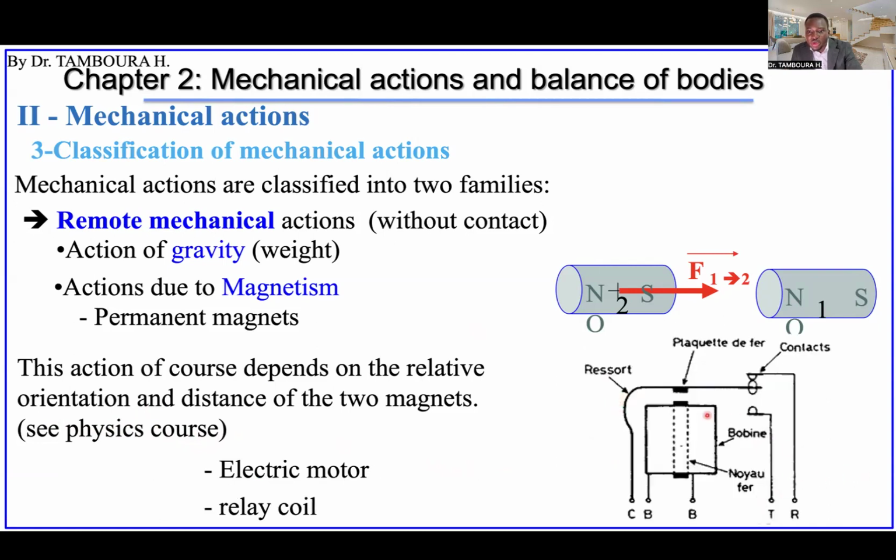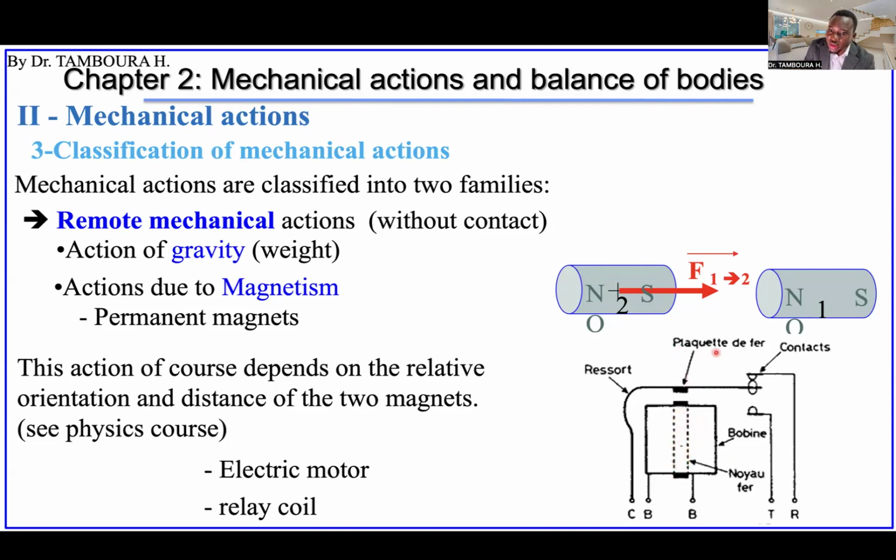The bobbin, I'm not sure if the English name is bobbin, but when you have the iron core, and around this you have electric wires, and if electricity passes through this, it is also acting like a magnet.